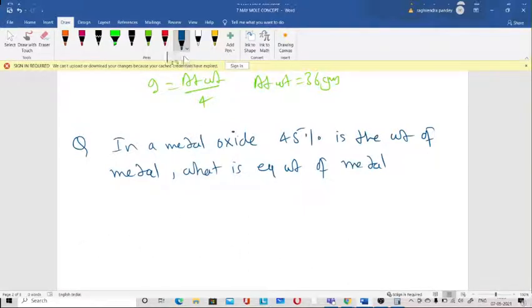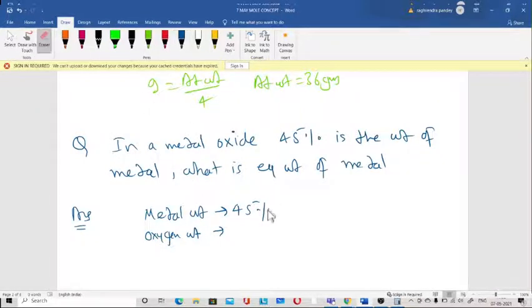Let's solve it now. If the metal weight is 45%, what is the oxygen weight? Suppose you take 100 gram of the compound.